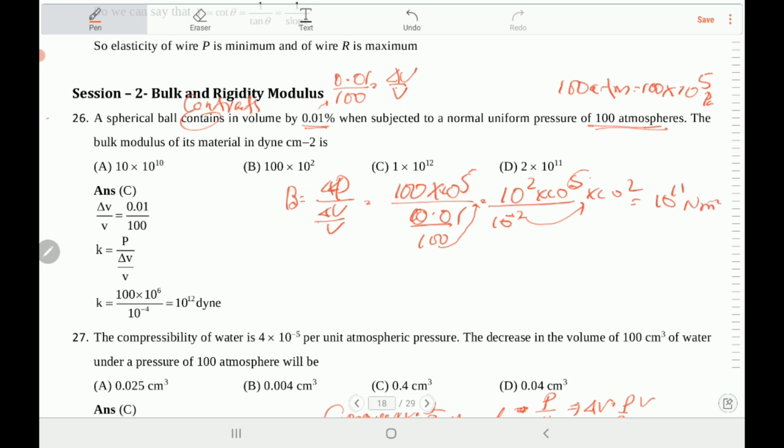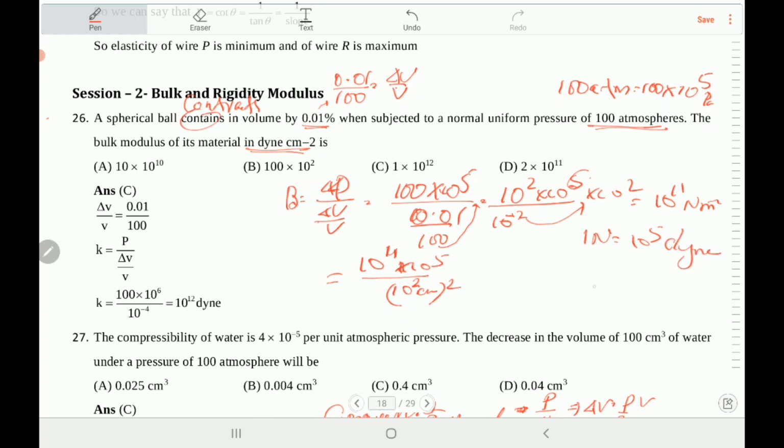What is the unit? Newton per meter square. He wants it in dyne per centimeter square. How do you convert the unit? 1 Newton is 10 to the power 5 dyne. We learnt this last year in first year units and measurements. Divided by centimeter. 1 meter is 10^2 centimeter, that whole squared. Remember this, 1 Newton is 10^5 dyne.